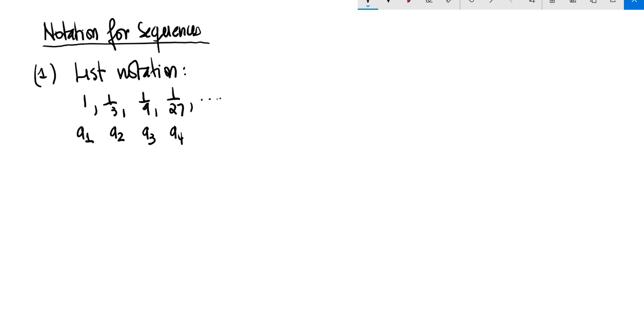A sub 4 is 1 over 27, and so on. This one here is pronounced as a sub 1, and we say that a1 is the first term.